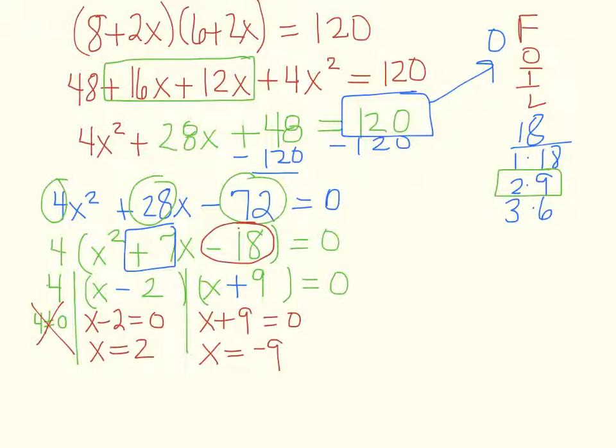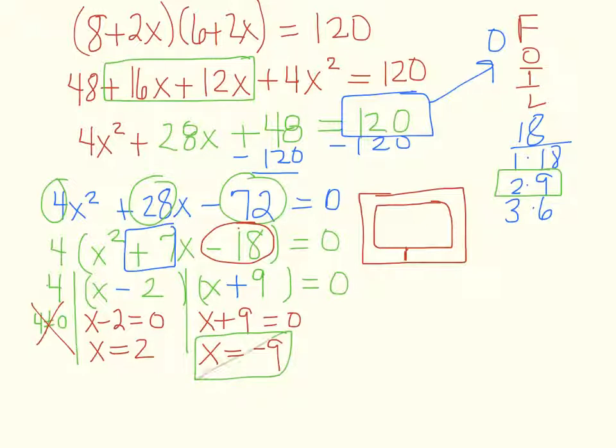Okay, now keep in mind what the original problem was about. The original problem was about a pool surrounded by a concrete walkway. And what we were looking for was the width. So when you're solving these problems, you have to keep in mind that your answer, if you come up with a negative x value, that's probably not going to be a valid solution. So x equals negative 9 is not, because our walkway here cannot have a value of negative 9.